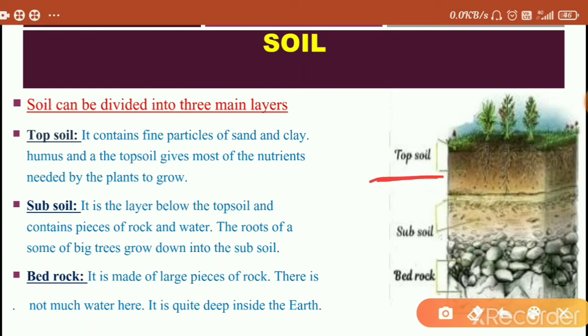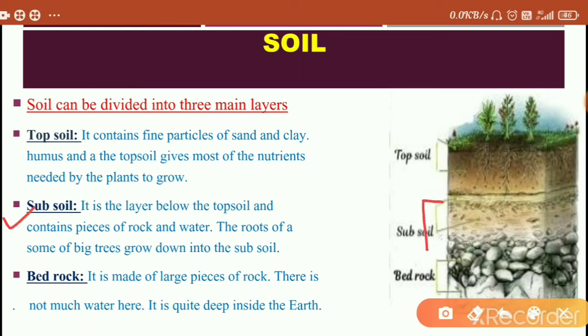Remember this: the first layer of the soil is known as topsoil. It contains fine particles of sand, clay and humus. This is the region where plants grow, and the roots are also here in the topsoil. Next to the topsoil is the subsoil.